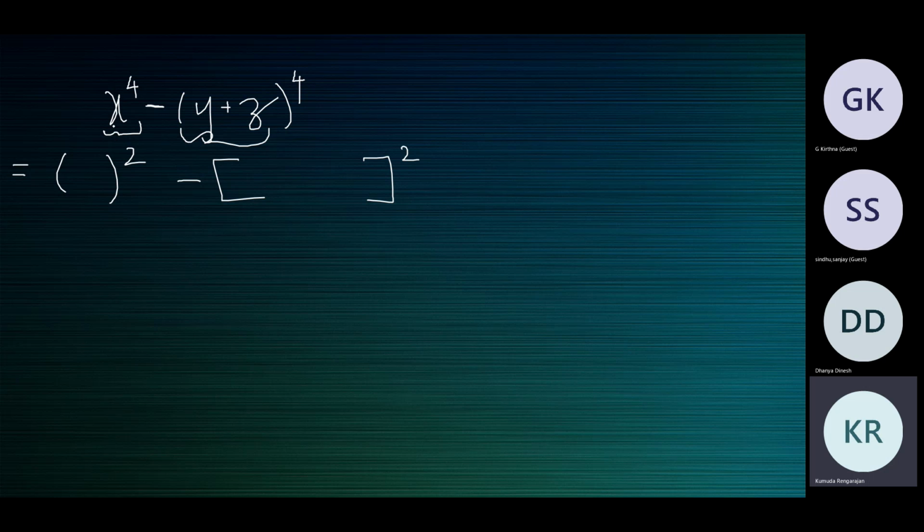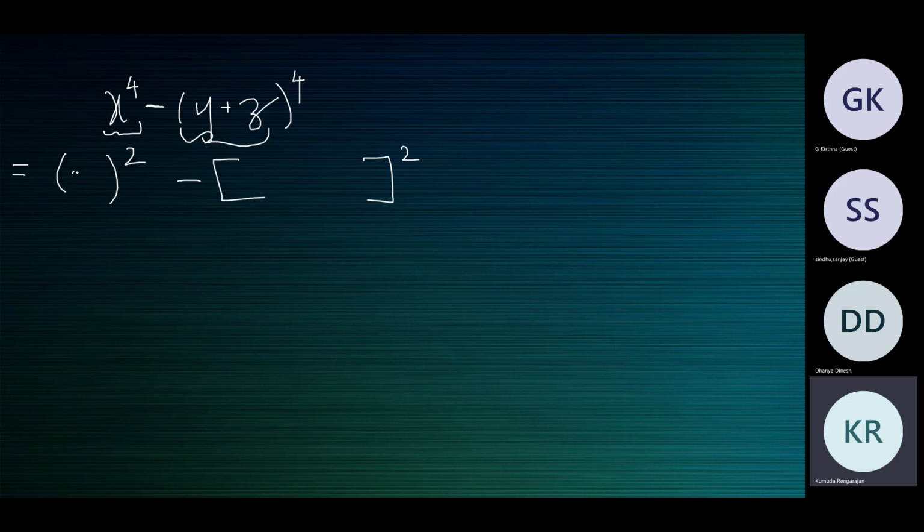So we must show that the given expression is of the form a square minus b square. I've just left that empty bracket for a square and this empty bracket is for b square.